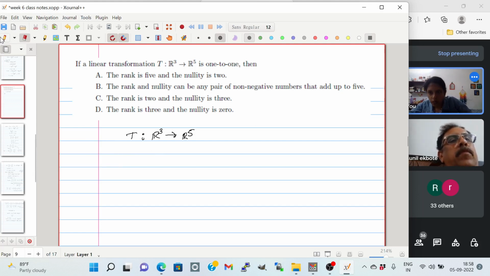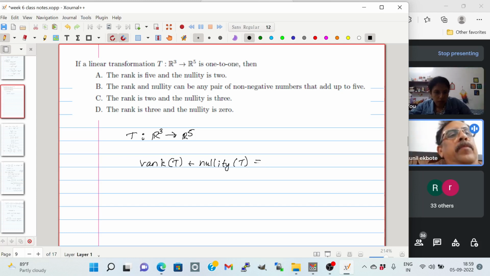Before that, again we will solve this problem using the rank nullity theorem. Here, what is rank T plus nullity of T? What is this by the rank nullity theorem?